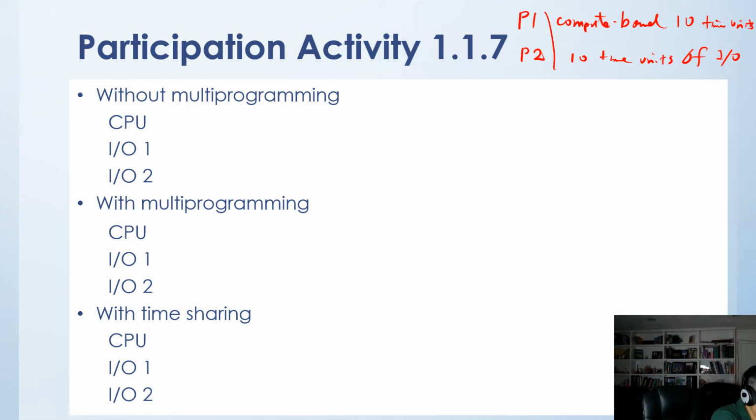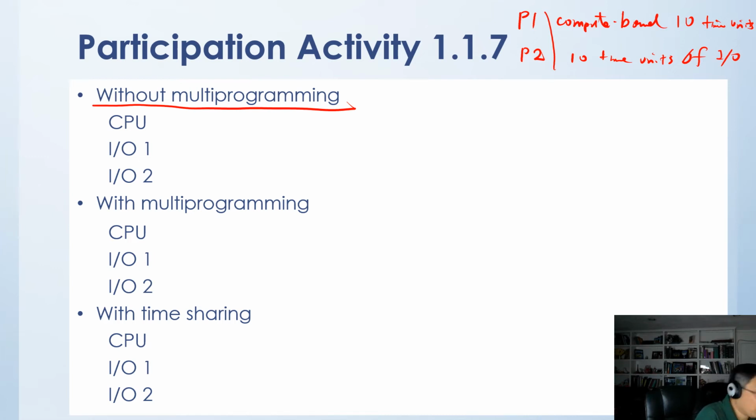The first case says the operating system does not support multi-programming. So that means at any particular time, only one program is running. Let's assume P1 starts to run first.